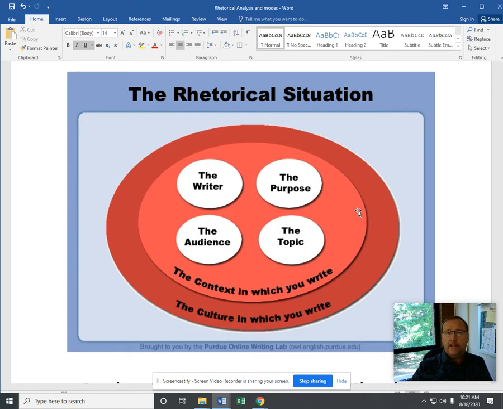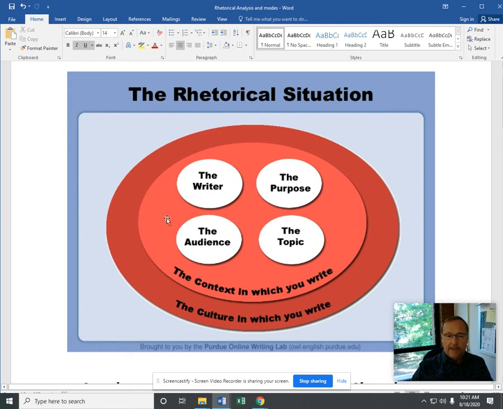Think about what it is that this writer is trying to get me to do, and that could be multiple things. It's not just that if I can accomplish this one thing, then I've achieved my goal. But usually good writing and complex writing has more than one purpose, and so we're going to be discussing the particulars of those kinds of purposes as we move through the readings that we do for this class.